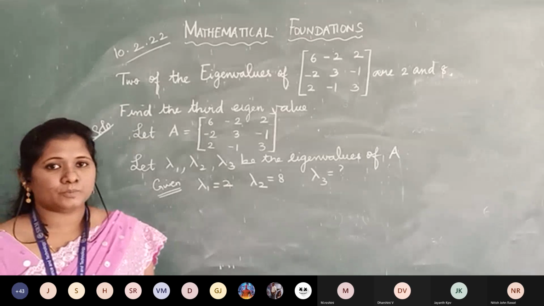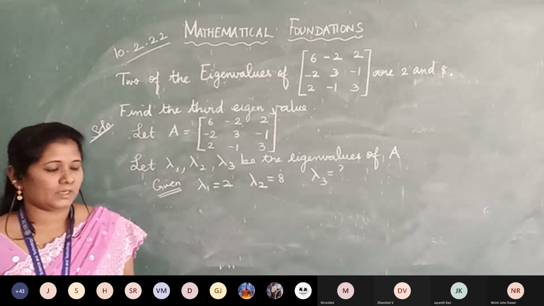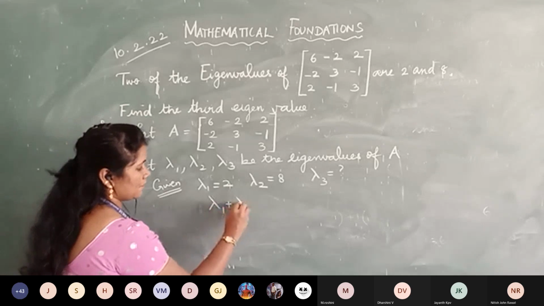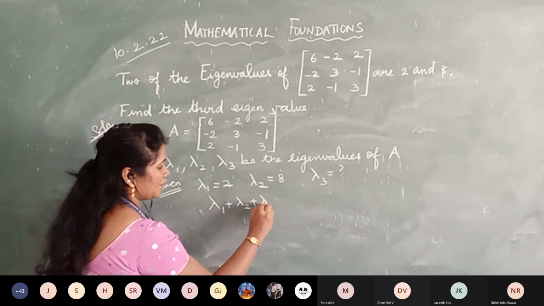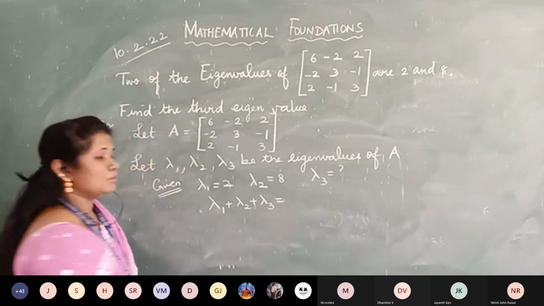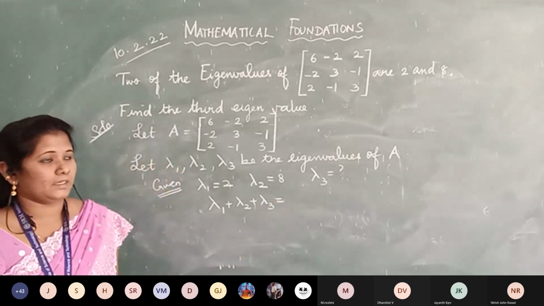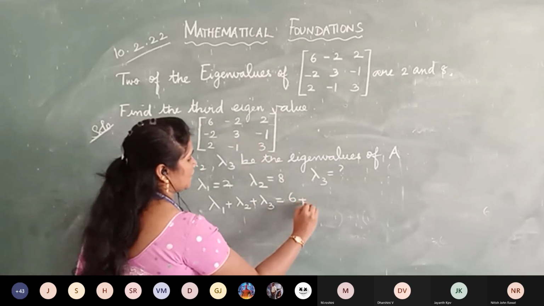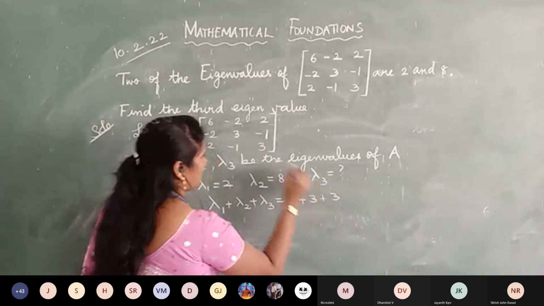According to the property, sum of the eigenvalues, lambda 1 plus lambda 2 plus lambda 3, is equal to the sum of the main diagonal elements, that is 6 plus 3 plus 3.